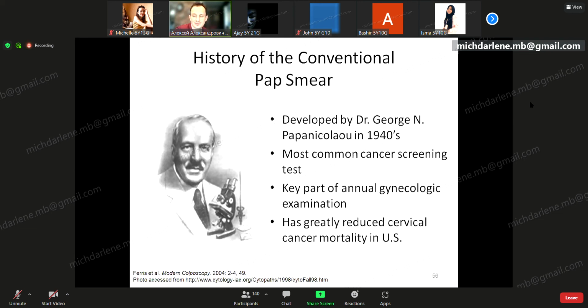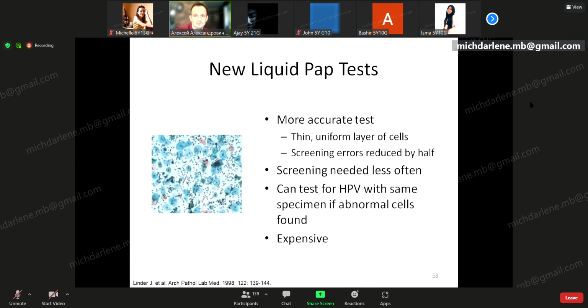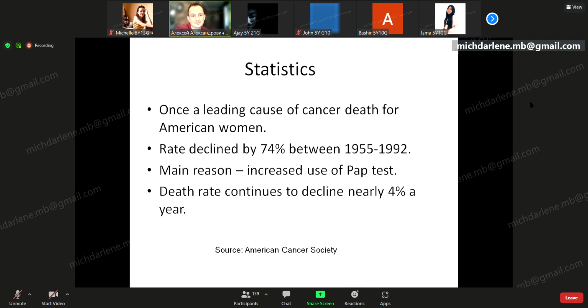And with help of that smears, we can exclude oncological disorder with chances 99.9%. How to do it? We need to take that brush, take the smear outside from the cervical canal and from the dangerous places which we found with help of our colposcopy, and check for the cellular structure. What we can find different pictures, like you see it here. We have liquid pap test, we have non-liquid pap test, different pap tests, but results you see.